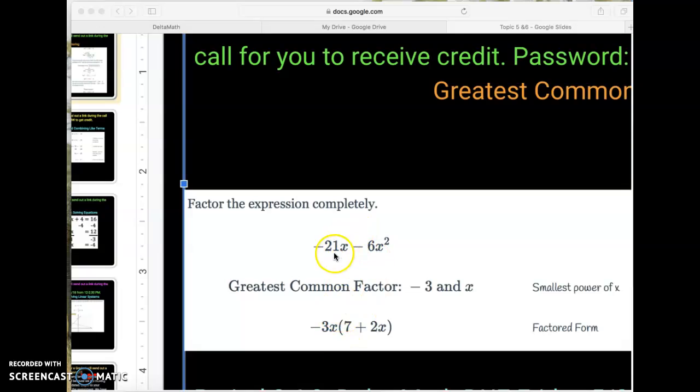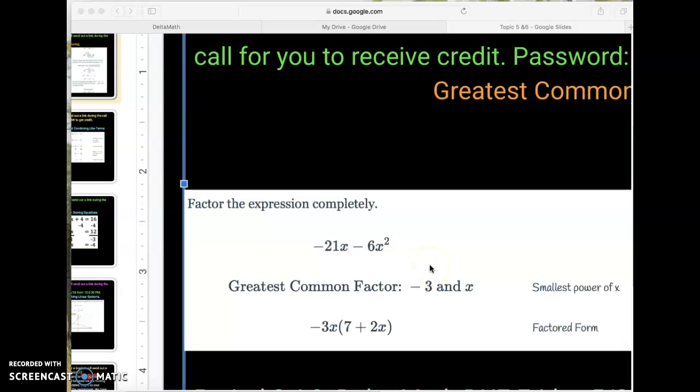That is 3 or negative 3, and they both have 1x in common. So negative 3x would go on the outside, and then you have to think what negative 3x times what gives me negative 21, and that's negative 3x times 7. And then here, there's still another x left, and it's negative 3x times 2. And that's how they get negative 6.